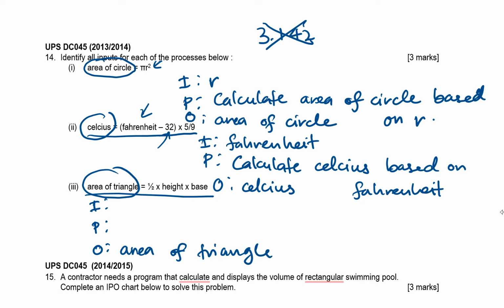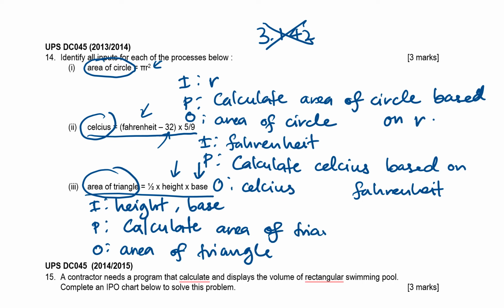So your input is what? This one is the variable, the value that is changed. So the input is height, comma, base. What is your process? You are going to calculate area of triangle based on what?